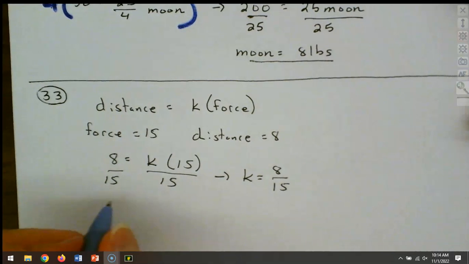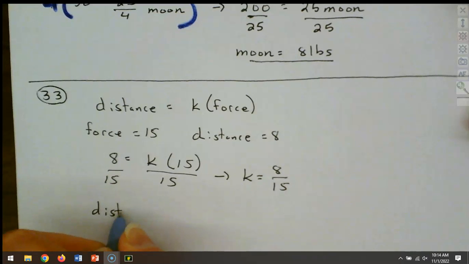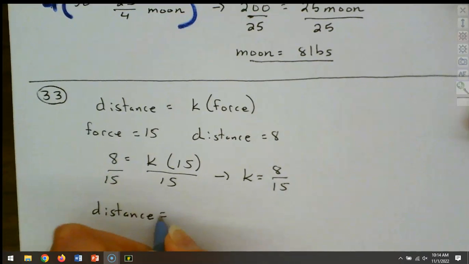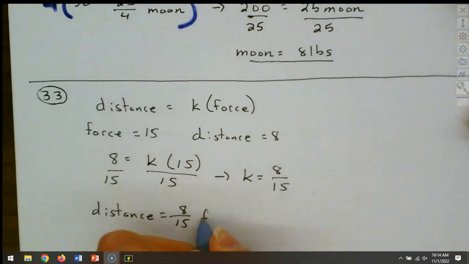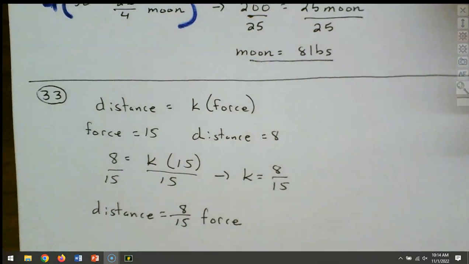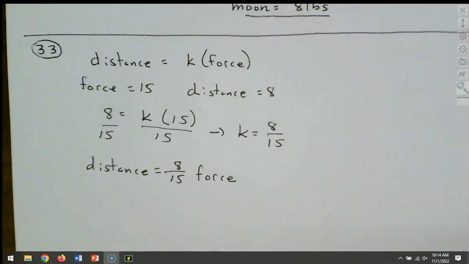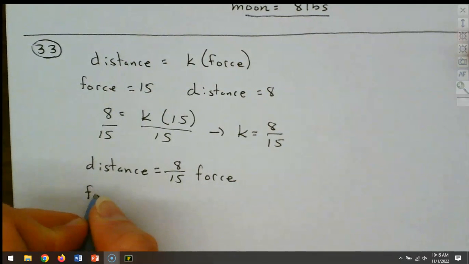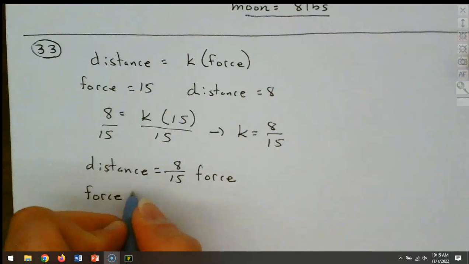Now, what's our formula look like? Distance equals 8 over 15 times the force applied. So, what are we now going to find? It says, how much will a force of 30 pounds stretch this spring? So now we want to change that force, and we want to change that force to be 30.